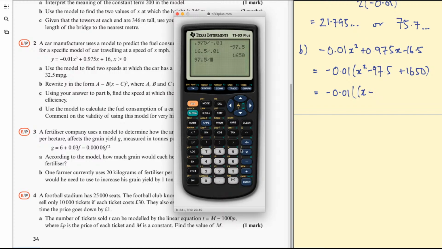Half of 97.5 is 48.75 all squared. Take that squared and then add on the 1650.